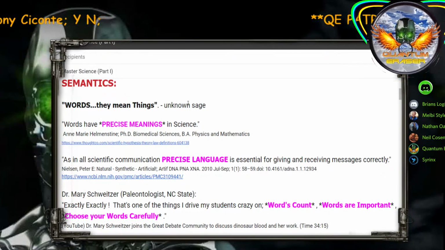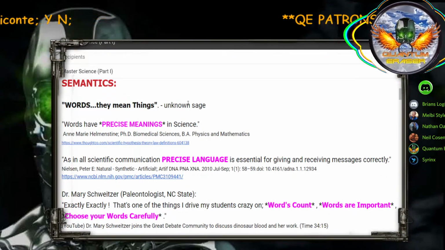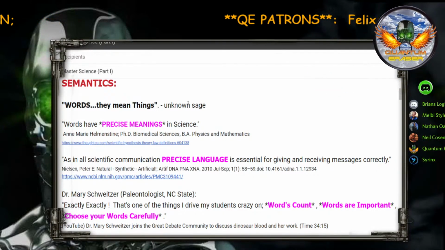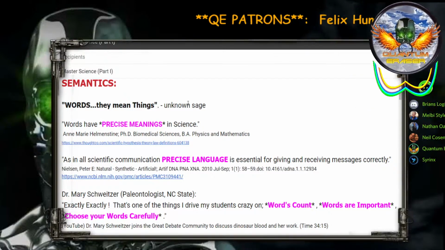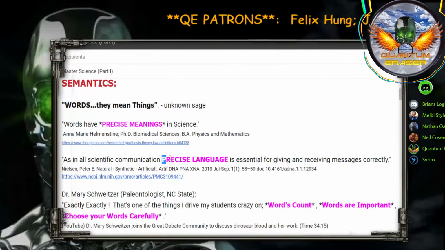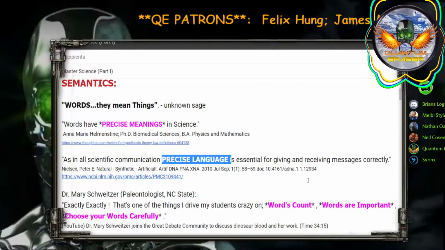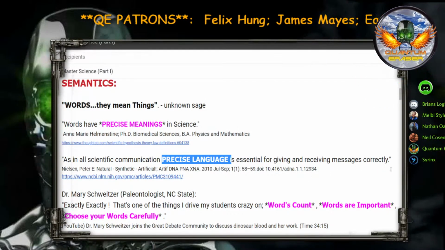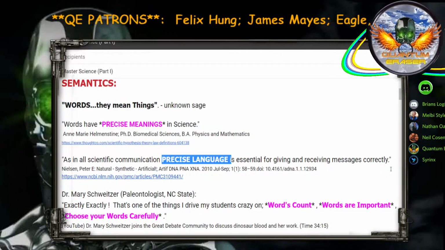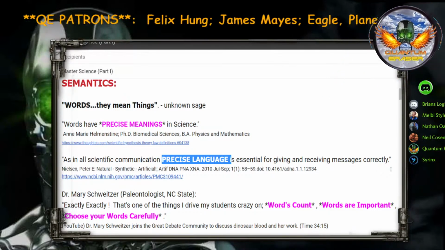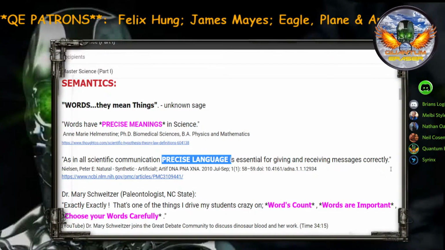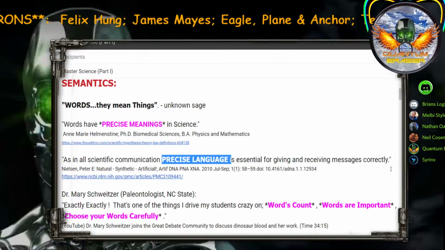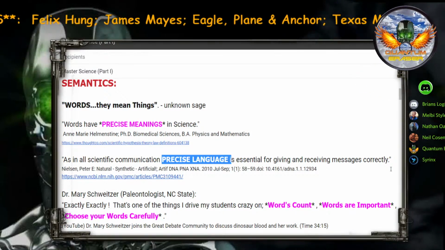From Nielsen Peter, Artificial DNA, PNA, and XNA from 2010: As in all scientific communication, precise language is essential for giving and receiving messages correctly. Duh. Right. They isolated it here to natural science, but when you're speaking to somebody, you want to be as precise as possible, so there is no mix-up in the message.